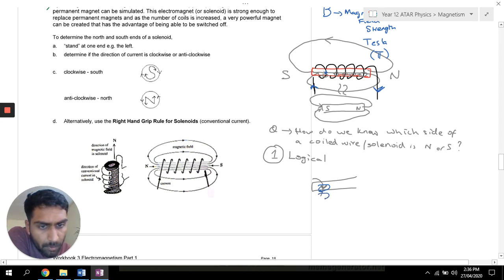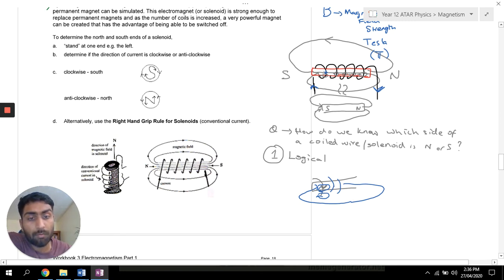Lots of coils would therefore produce a field going this way, clockwise around that point. That looks awfully similar to a bar magnet, and for a bar magnet, if the field was going like this, that would be the north pole, and that would be the south pole.